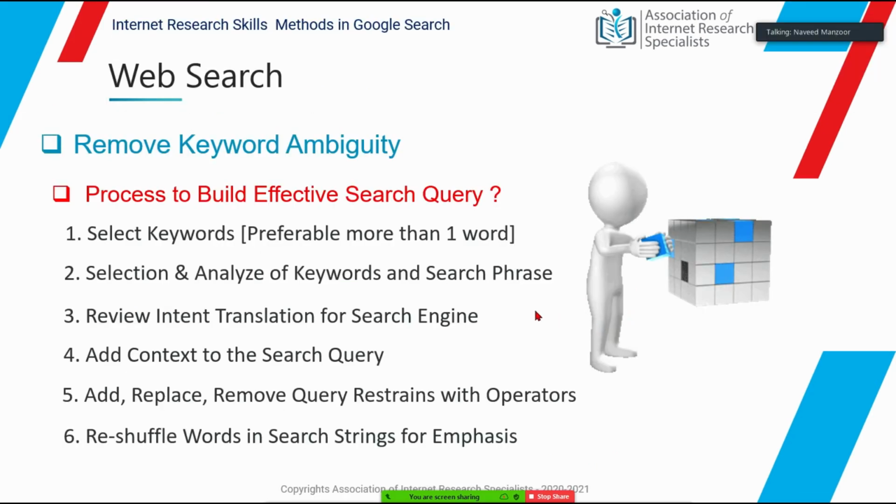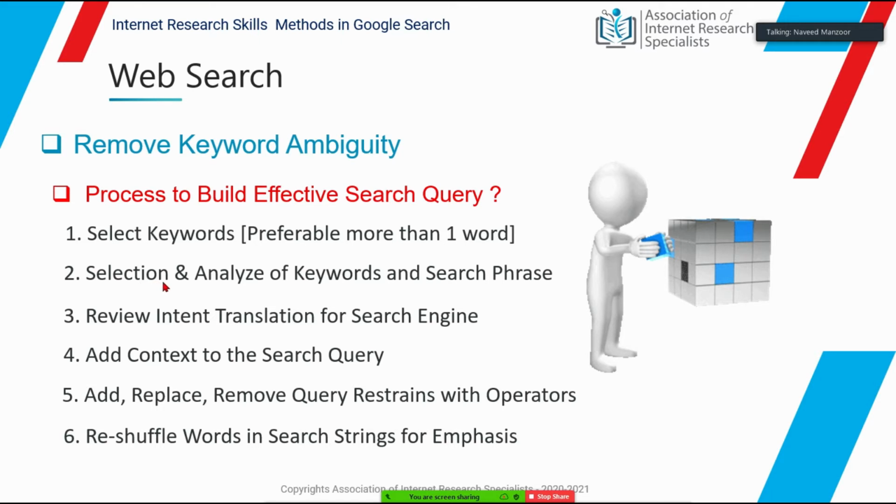Okay, so we have a slide open here. It is talking about removing the ambiguity in your search queries, and the process for building your effective search queries. This is what is explained 1 through 6. Selection of keywords is a very important skill. It's not just about the keywords, it's the overall view of how you are using them to translate your intent, especially when you're building your search phrases.